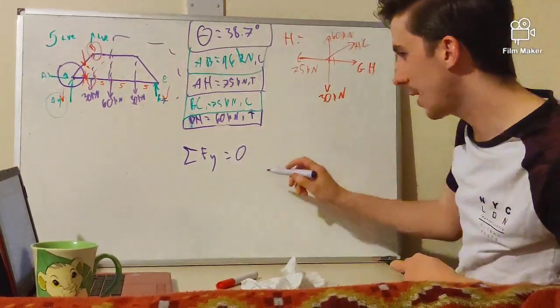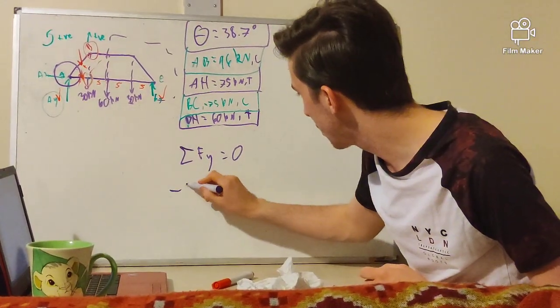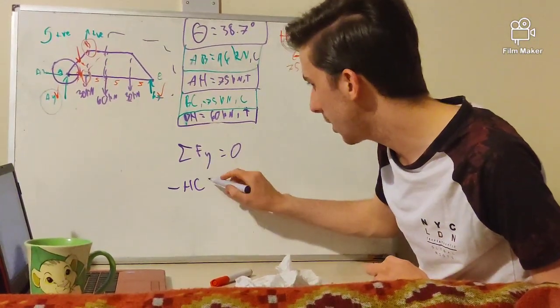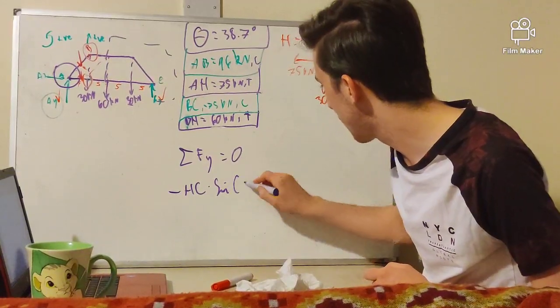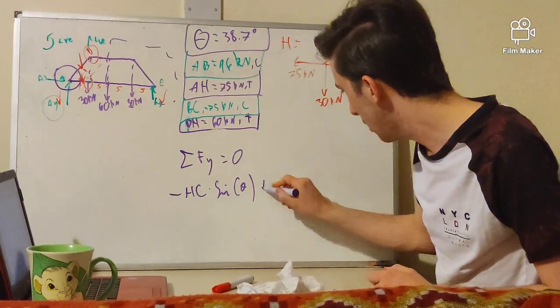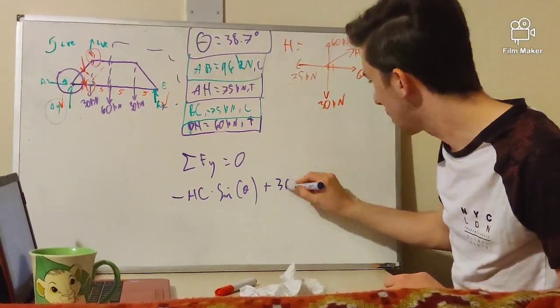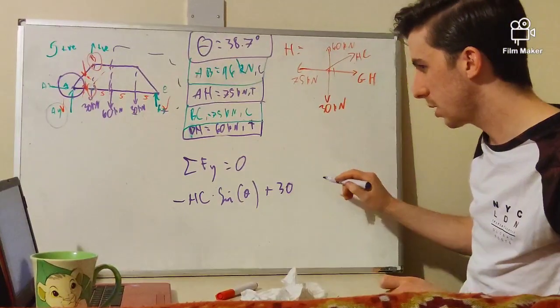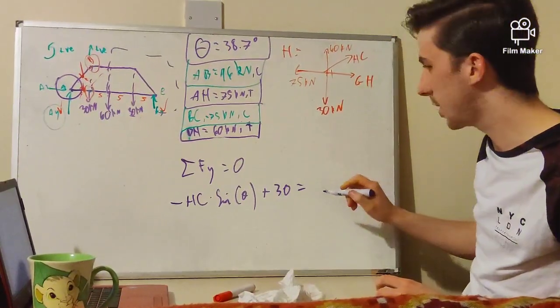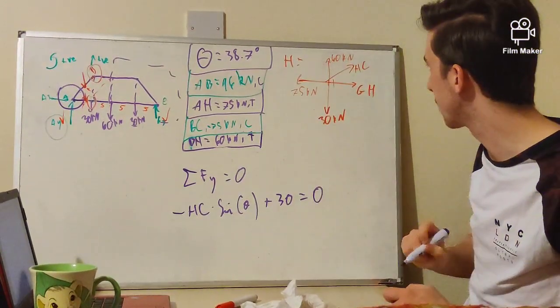That will be minus HC times sine of theta, our old theta, the one we've used, and then plus onto that our 30, which is going to be equal to 0, obviously.